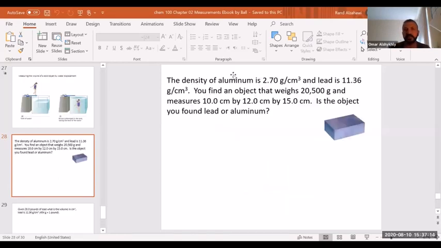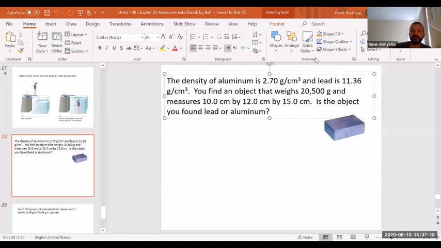So look at this example. The density of aluminum is 2.7 gram per cubic centimeter. They give us the density, and for lead it is 11.36 gram per cubic centimeter.